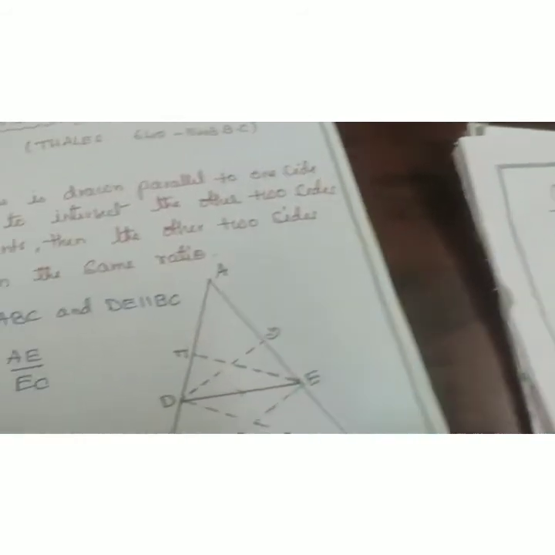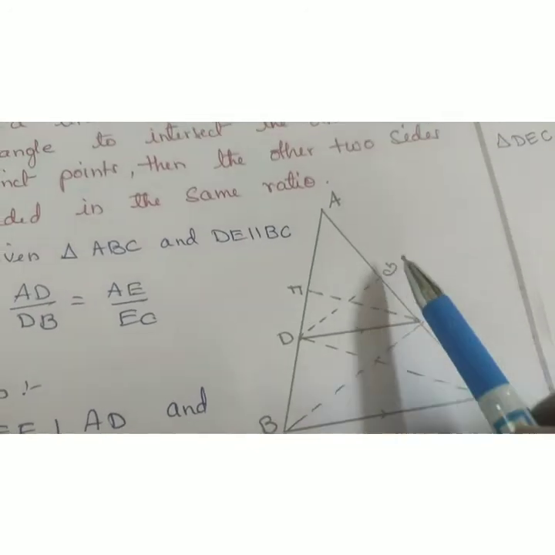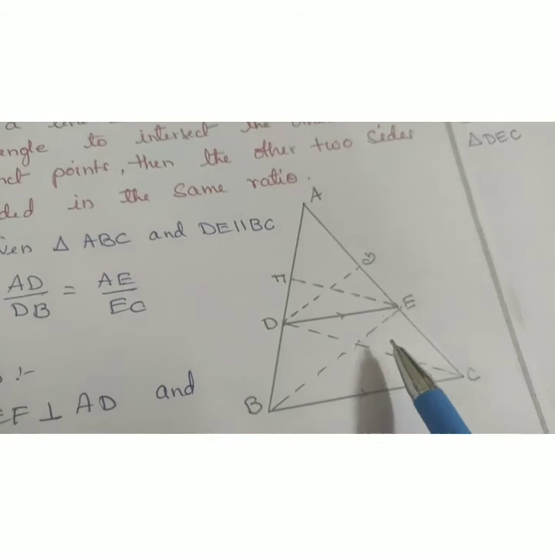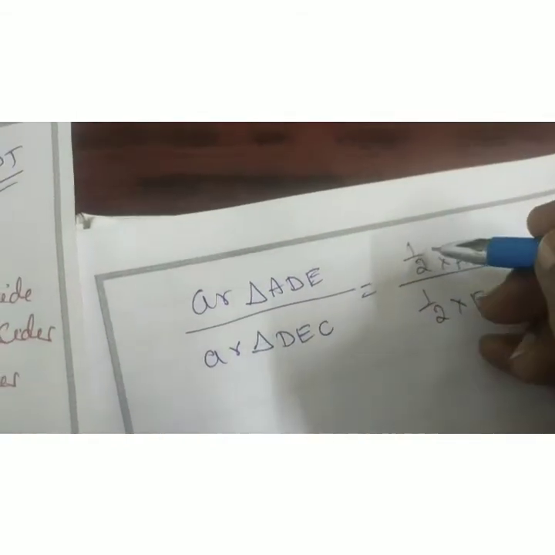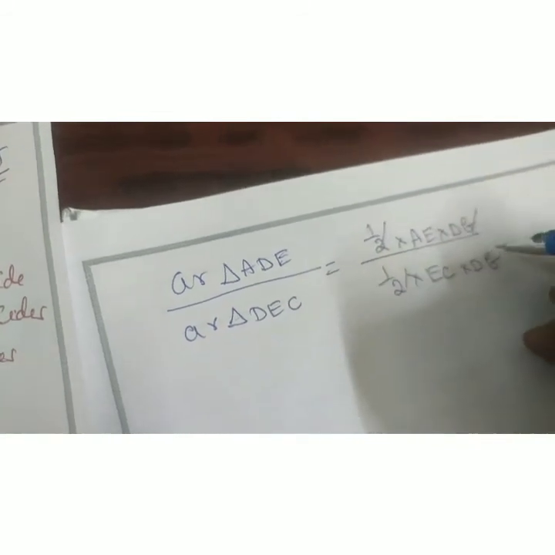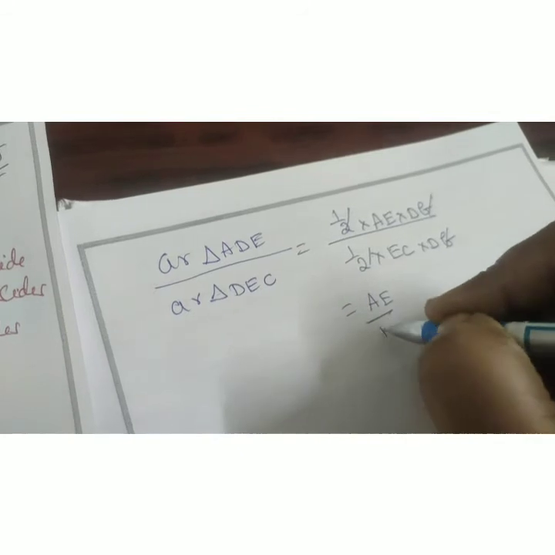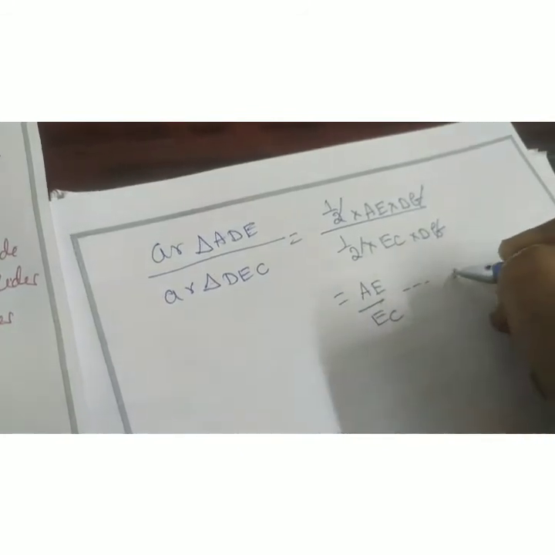The half will cancel and DG will cancel. So what is remaining is AE by EC, and let this be our equation 2.